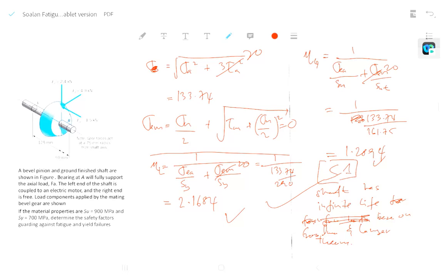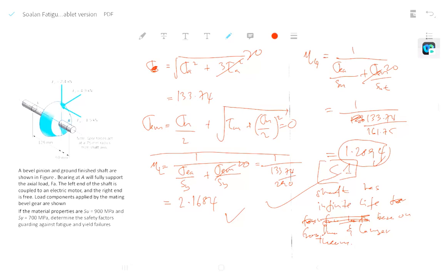But if the value is more than one, it means that the shaft will never fail. Less than 1, it will fail in certain cycles.